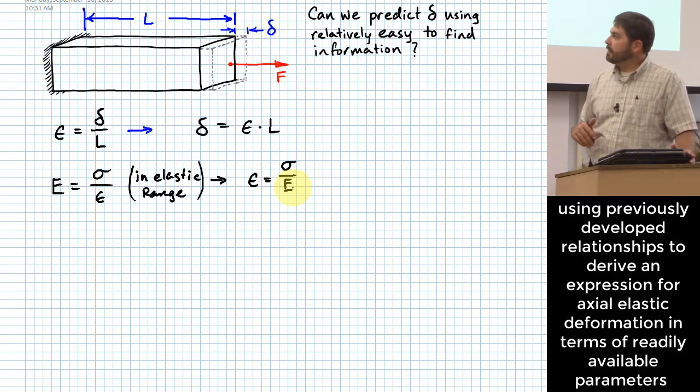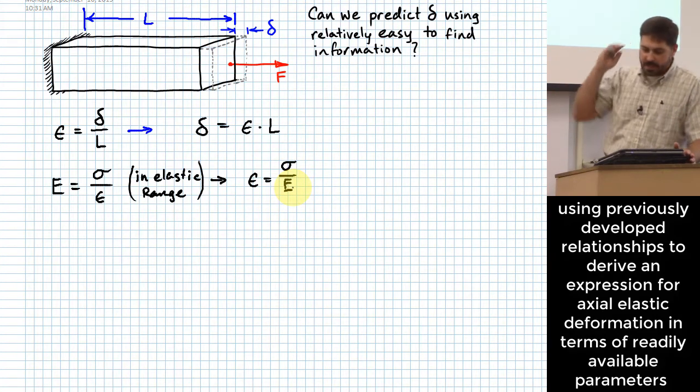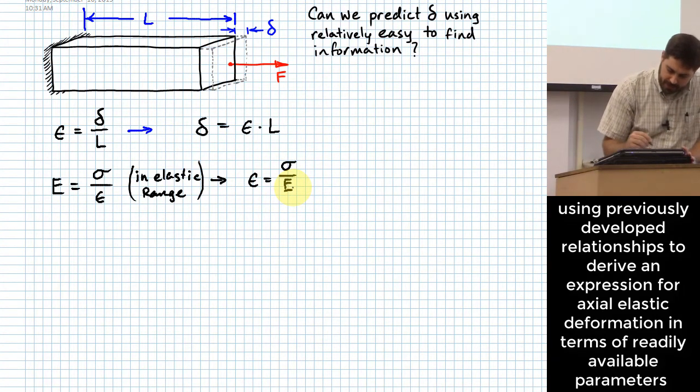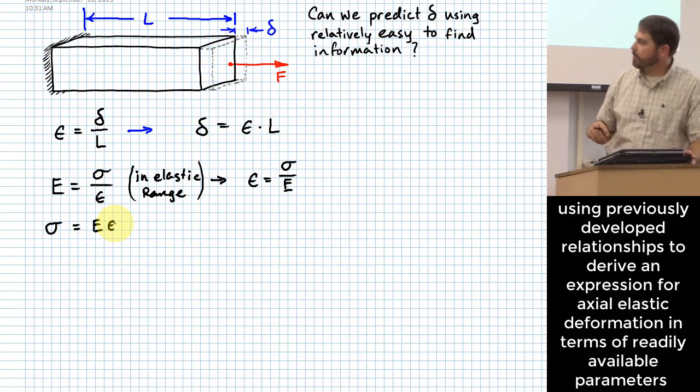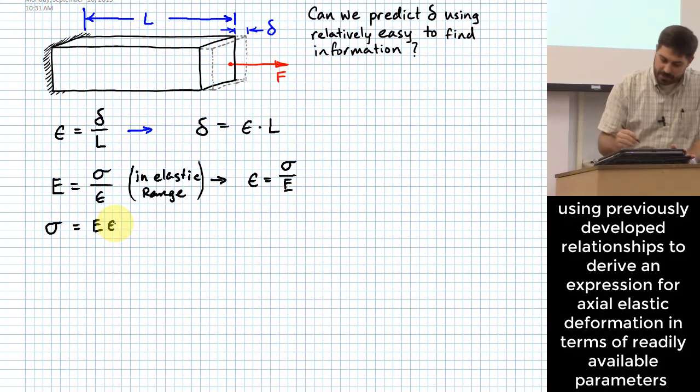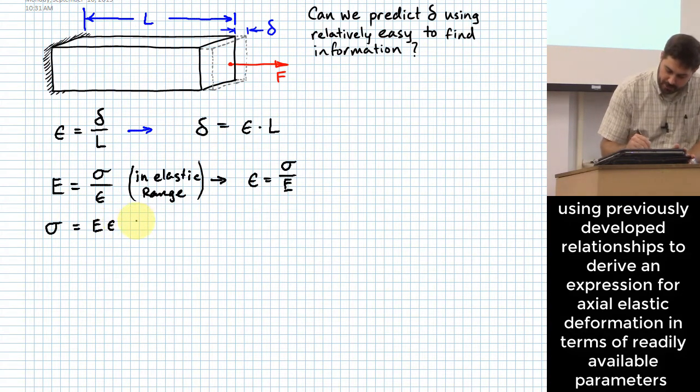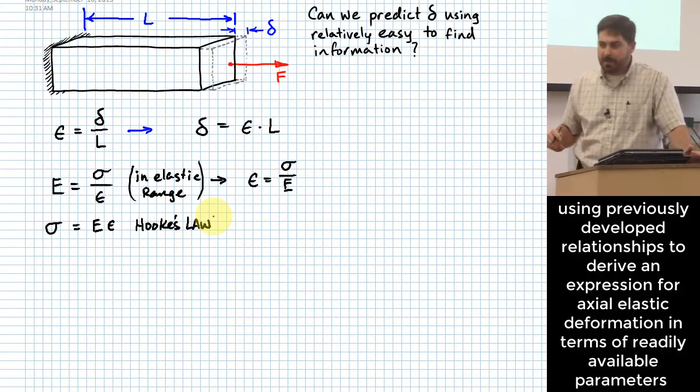By the way, a little sidebar real quick. Sometimes this relationship, sigma equal to elastic modulus times epsilon, stress equal to elastic modulus times strain, is known as Hooke's law. I feel like just a bunch of people wanted to get their name attached to these things.